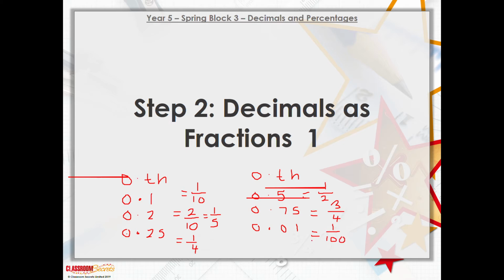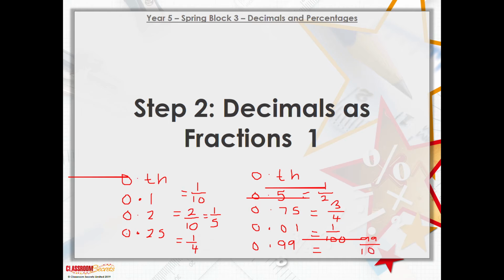I can do all this all the way up to, for example, my favourite number, 99. So I'm going to place in 0.99 here. And 0.99 is equivalent to, as a fraction, 99 hundredths. So hopefully that will give you some clues for today's and tomorrow's lesson.